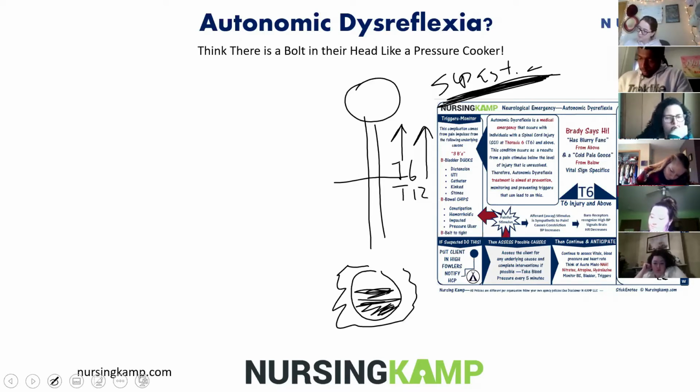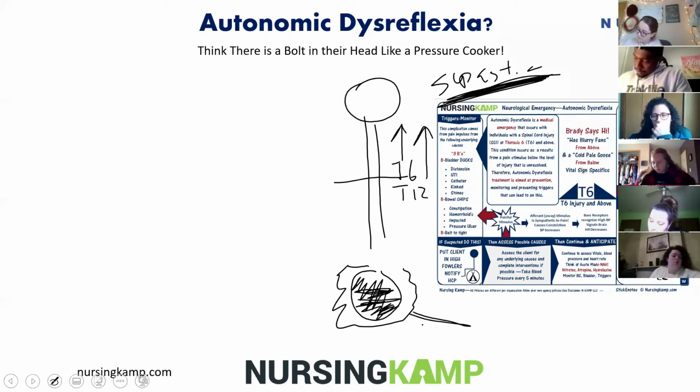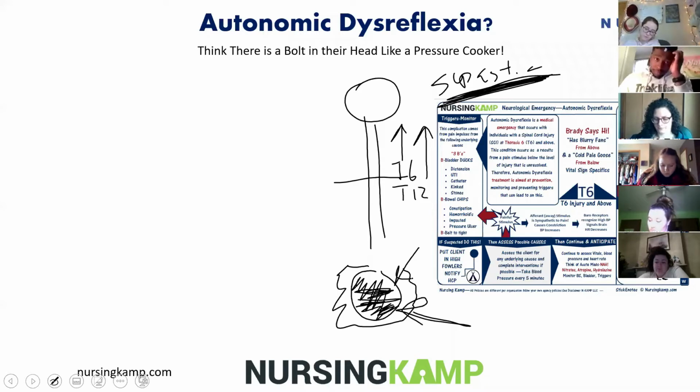Just think about when you have to go to the bathroom. You have this stimulus going on, this feeling of having to go to the bathroom. Well, if you're paralyzed, you don't feel it, but your bladder does. So you don't have the pain, the feeling of what it really is. All you have is the bladder filling.